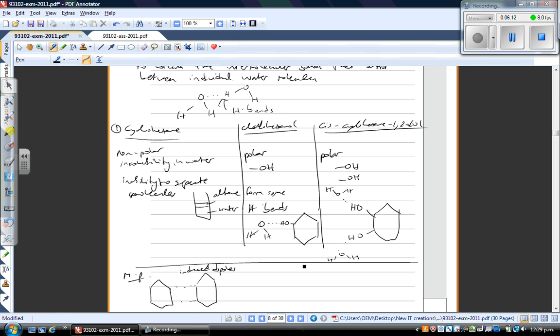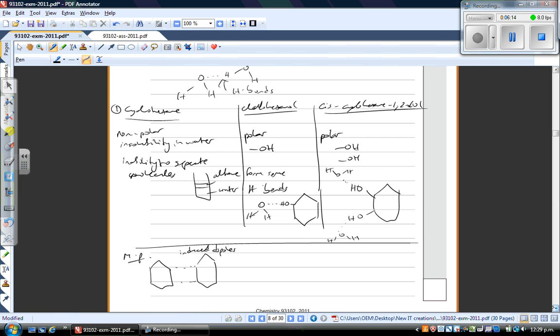Basically, temporary dipoles that exist purely based on the size of the molecule and the number of electrons. So electron density is the key thing here. They're the weakest of the intermolecular bonding types, so very easy to break. 7 degrees Celsius to melt cyclohexane solid. If you want to look at cyclohexanol, well, in this case, you have the ability to hydrogen bond.